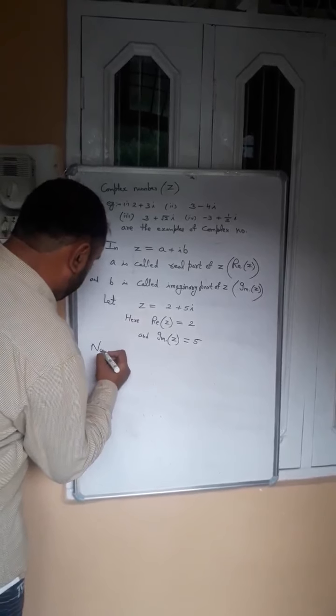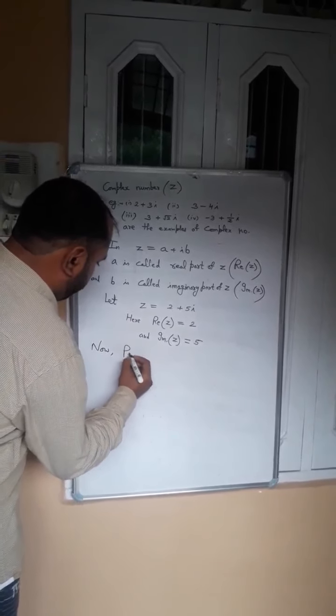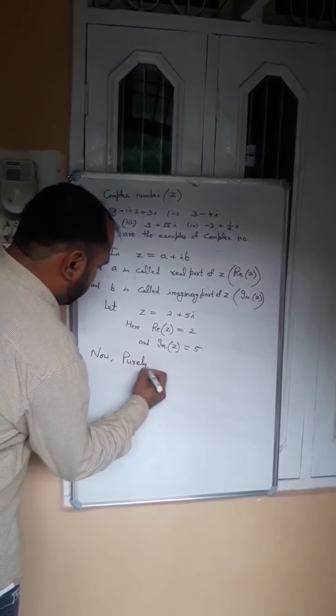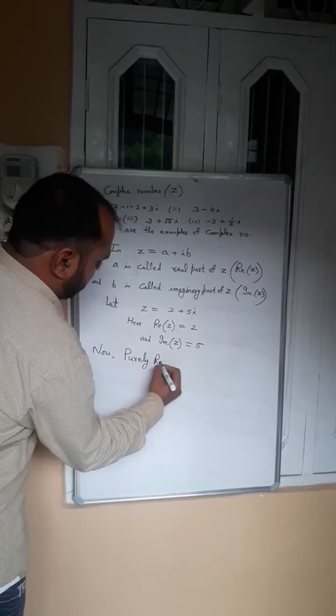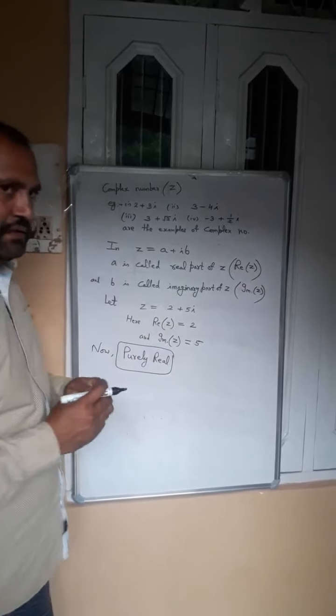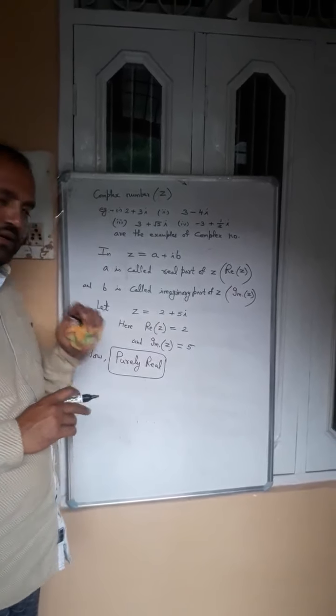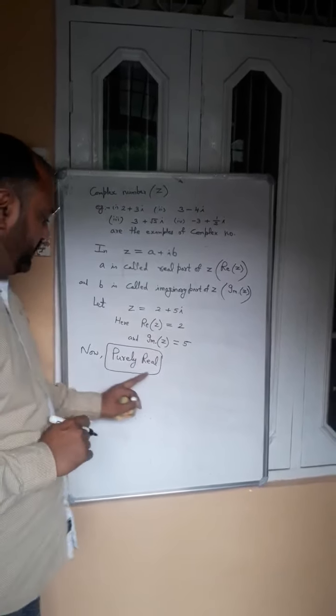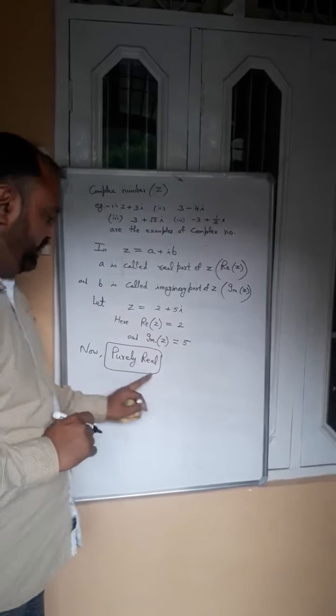Now, purely real. Purely real means there is only a real part. Here the imaginary part of the complex number is equal to 0.